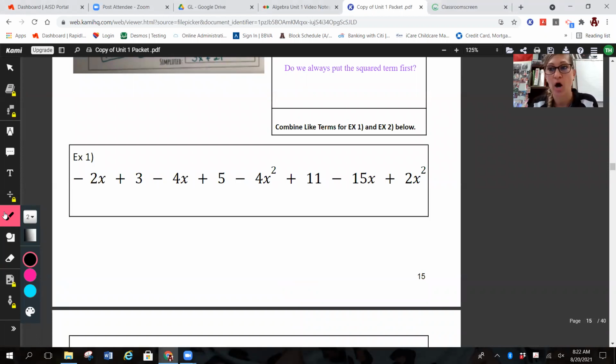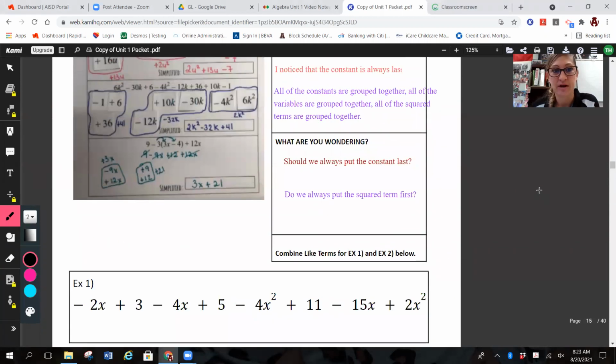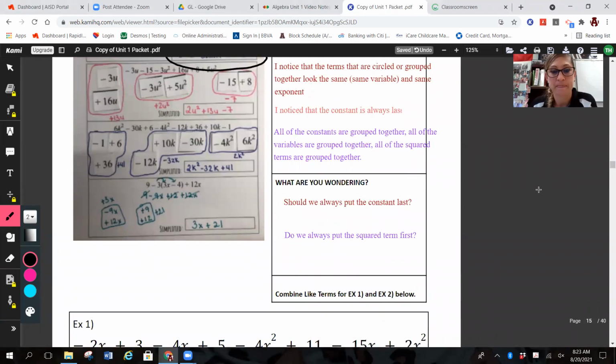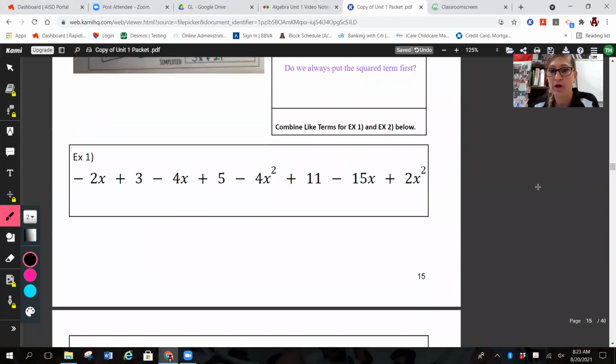I like to always put the squared term first and always put the constant last. I like there to be some kind of order. Even though the notes on this picture said order doesn't matter, I like to put order so it's easier for me to check my work. So that's what I'm going to go with.